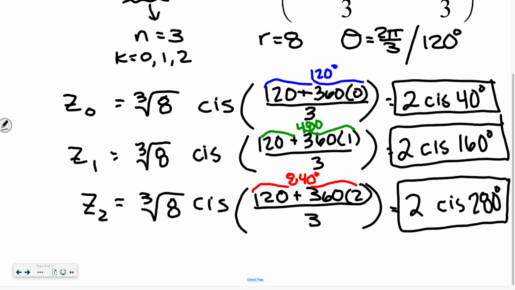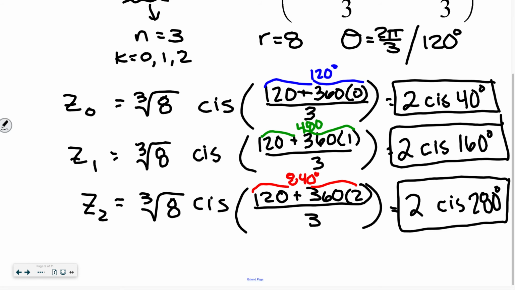But what are you actually adding every time? 360 divided by 3. So that's where your 120 is coming from, not the actual angle; it could have been a coincidence. So every time you increase k, it goes up by 120. So that's a great way to check your answers.